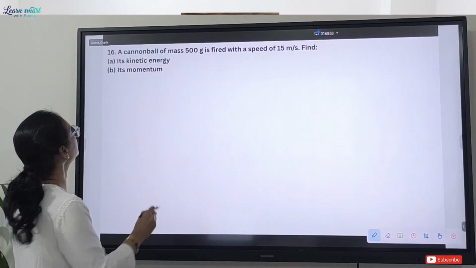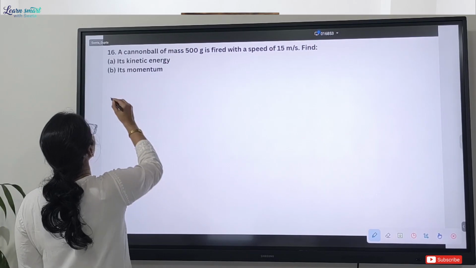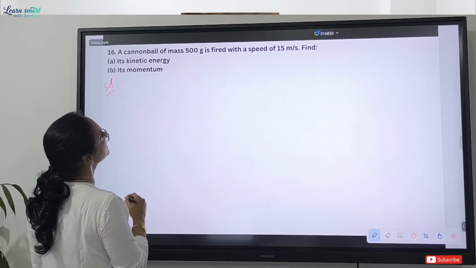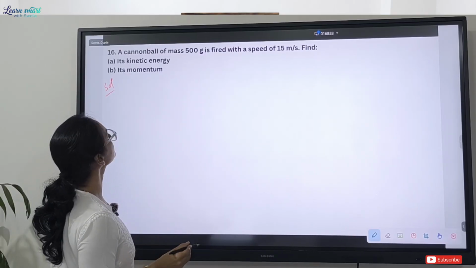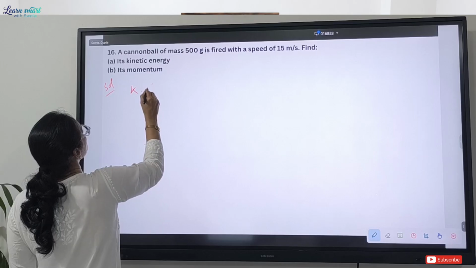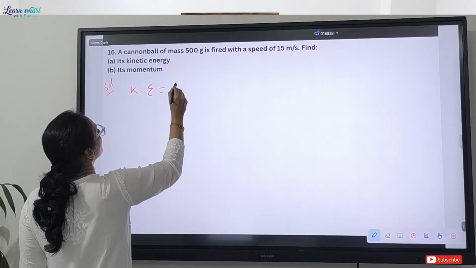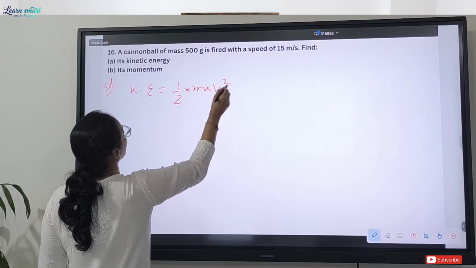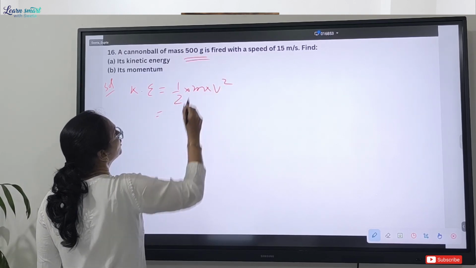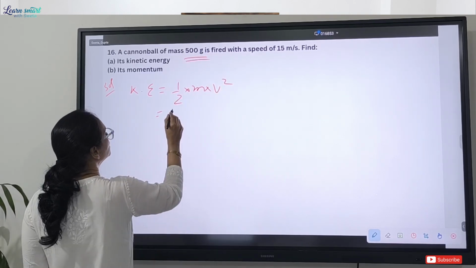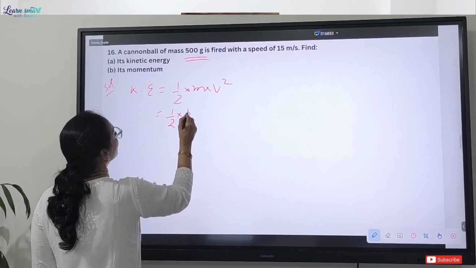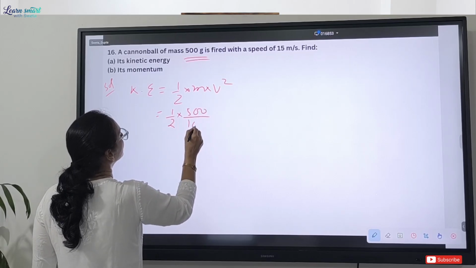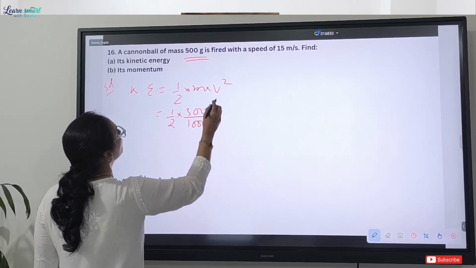Next question number 16. A cannonball of mass 500 gram is fired with a speed of 15 meter per second. Find its kinetic energy. So kinetic energy is half into m into v square. Now mass is given in gram, you have to convert it to kg. So half into 500 upon 1000 into v.